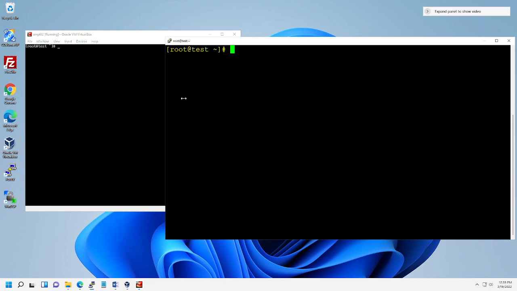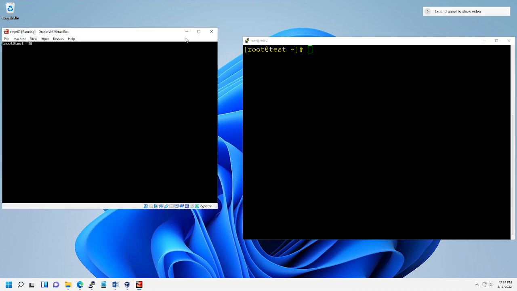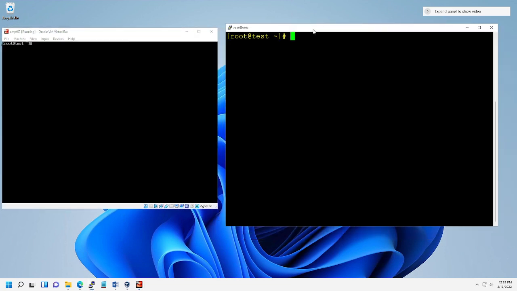So if you want to see what run level the system is running in, most of the time it runs in the default run level, right? If you type who -r, it will give you run level 3.